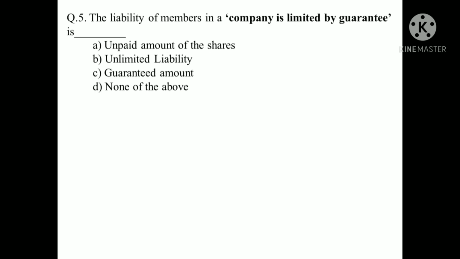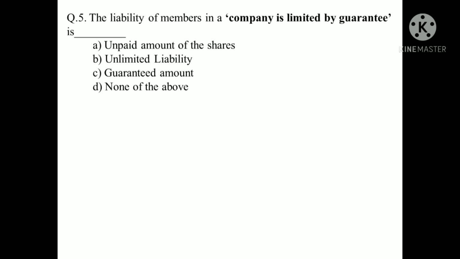Our next question is the liability of members in a company limited by guarantee. The liability of members in a company limited by guarantee is: unpaid amount of the shares, unlimited liability, guaranteed amount, and none of the above.